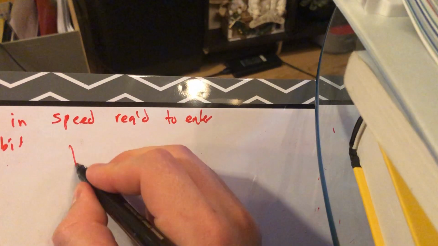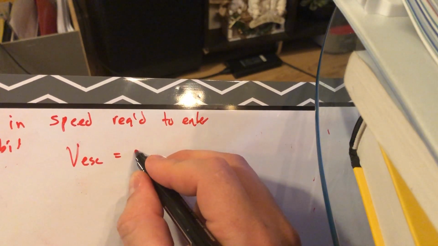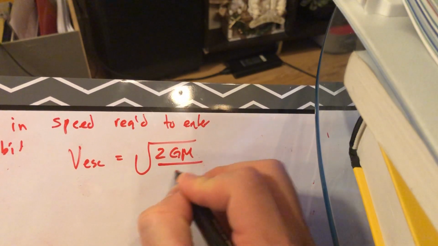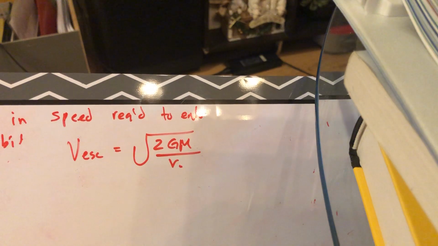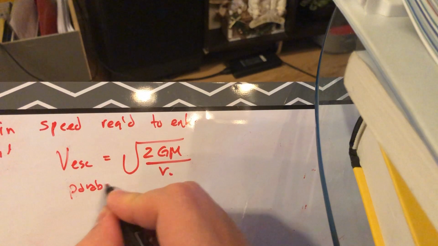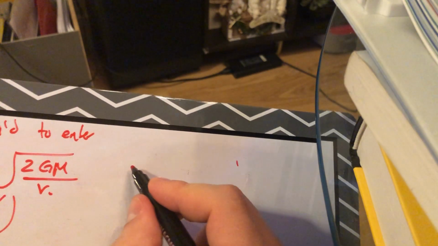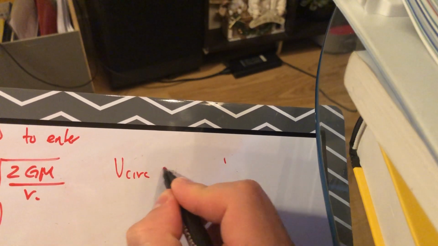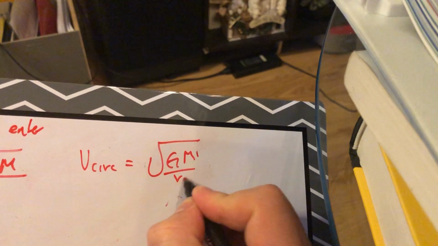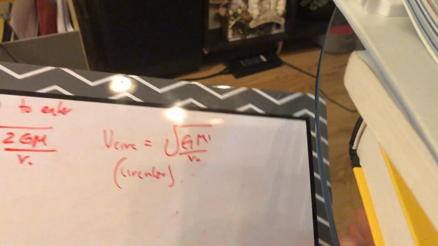Now we know that the escape velocity is equal to the square root of 2Gm over r theta, for parabolic or hyperbolic. And V circ is equal to the square root of Gm over r theta, and that is for circular orbit.